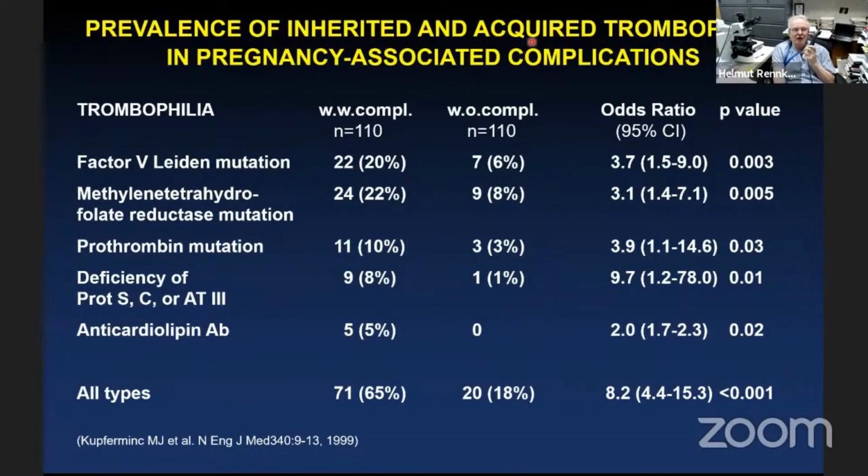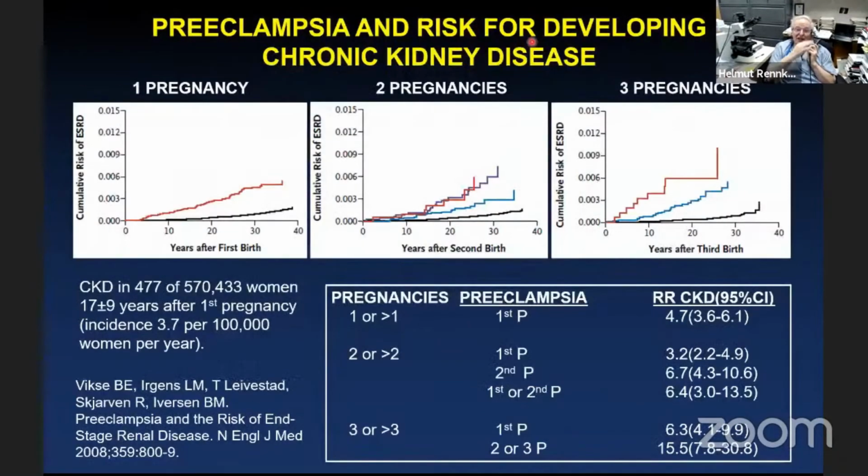And therefore, again, as I mentioned to you before, the placenta disease is the forerunner of what will happen eventually in the kidney. And this has been studied recently by people in Scandinavian countries, and you can see here that as you have more and more preeclampsia during pregnancy, the more preeclamptic episodes you have, the more likely it is to develop chronic kidney disease.